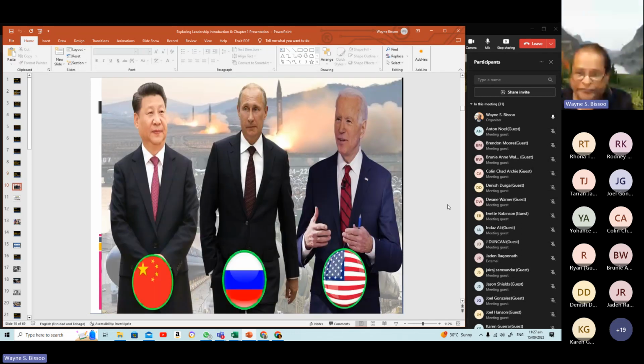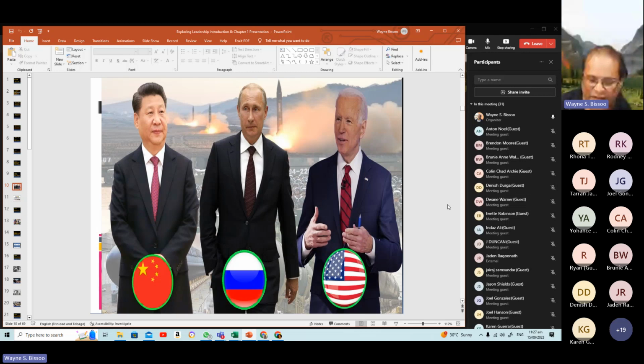So here we have, for example, 3 individuals who arguably are probably 3 of the most powerful leaders in the world today. And each one of these leaders, well, for example, Biden is touted as being the most powerful president in the world, because he's the leader of the most powerful country in the world.